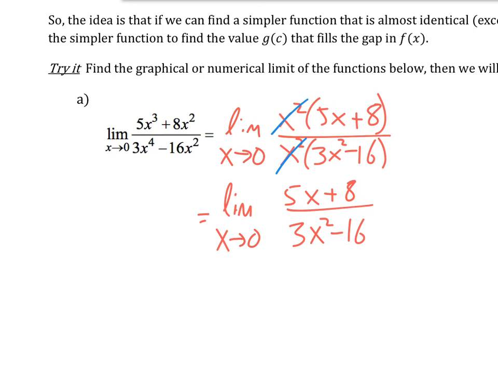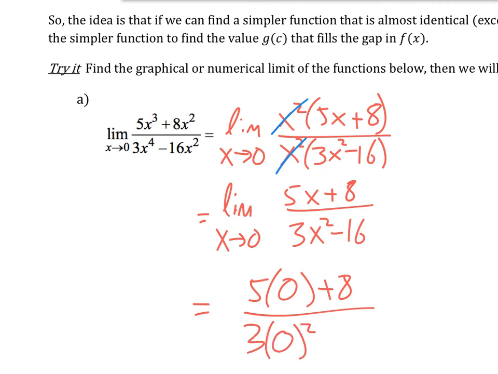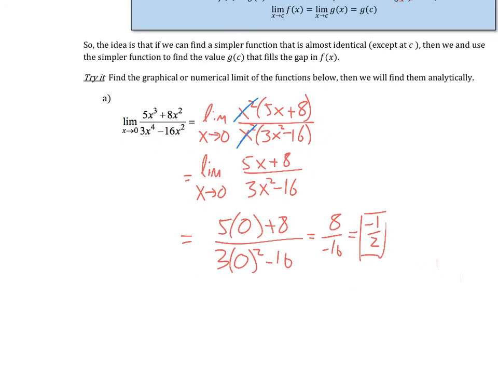So this is just going to be 5 times 0 plus 8 over 3 times 0 squared minus 16, which is 8 over negative 16, which is negative 1/2. So we can't substitute here because we don't get a real number, but we can substitute here. All right, so our first strategy is to factor and simplify the function.